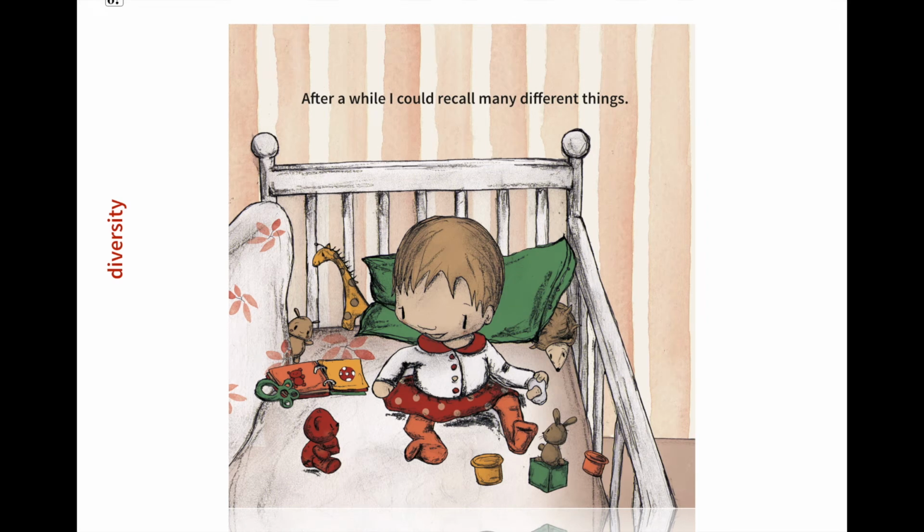after a while, you can actually recall and remember a lot of different things. Looking at this child, you could see that there's a lot of toys in the bed, and the child is probably being able to experience all of these toys together as a set.